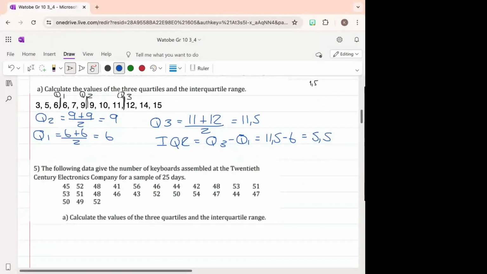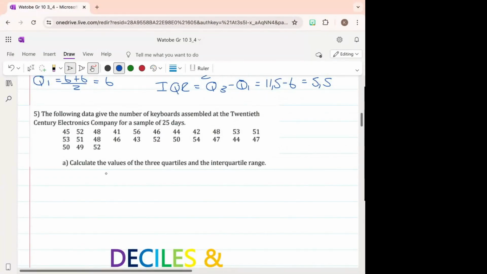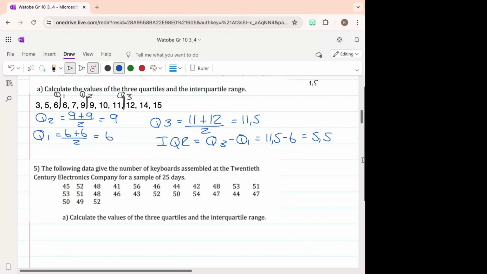All right, guys, for number 5, there are 25 days. I'm going to move that up so you can take a screenshot. Again, I'm going to help you out. I'm going to give it to you in ascending order quickly, and let's see if you got that right first, because that's going to help.